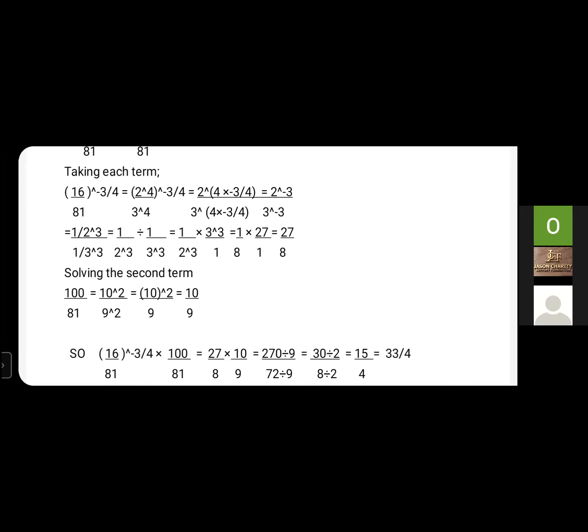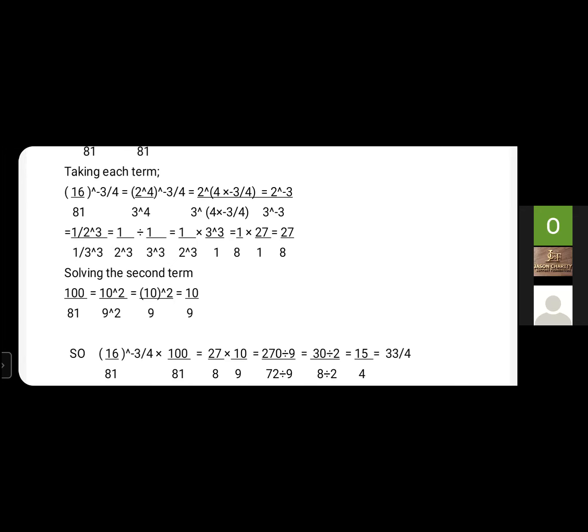Now, when we open that bracket, when we expand it, we have 2 raised to the power of 4 times minus 3 over 4 as our power. When you look at the laws of indices, this is one of the laws, your power rule, not the multiplication rule changing to addition. Now, the power rule: when you have a power outside the bracket, you have to multiply with the power inside the bracket.